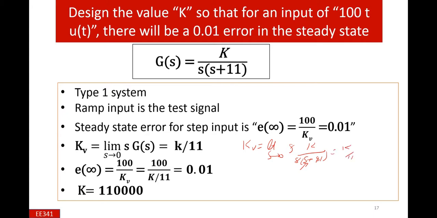Substitute this value in the definition of steady state error, and according to the definition, the value of the velocity constant is this one, and it is equal to the allowed error, which is 0.01. So finally we find the value of K.